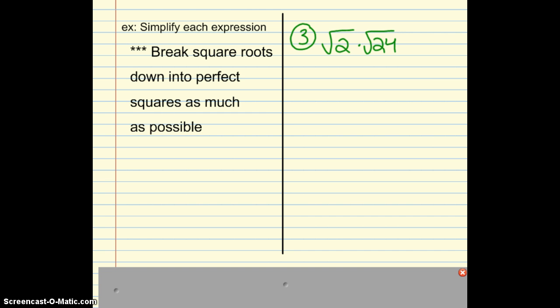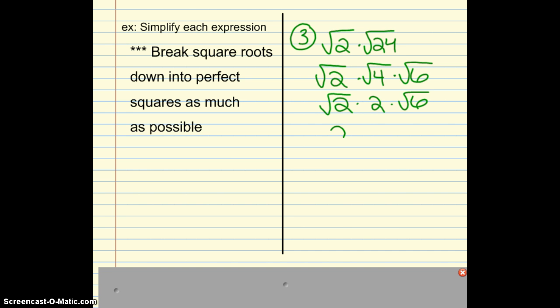In number 3, we have square root 2 times square root 24. Square root of 2 we can't break down any further, so we're going to leave it alone, but square root 24 breaks into square root of 4 times the square root of 6, and that leaves us with root 2 times 2 times root 6.